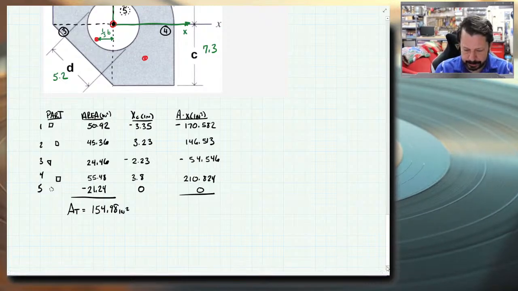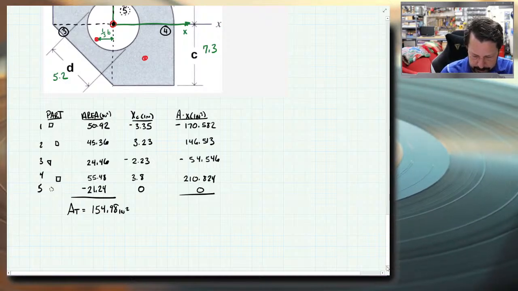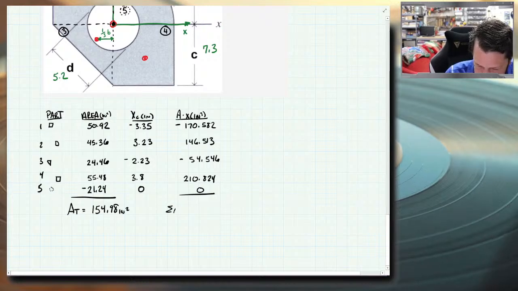Here we need to add these up. So 210.824 minus 54.546 plus 146.513 minus 170.582. If I did all that right, we get positive, so this will be the summation of Ax, positive 132.21 inches cubed.